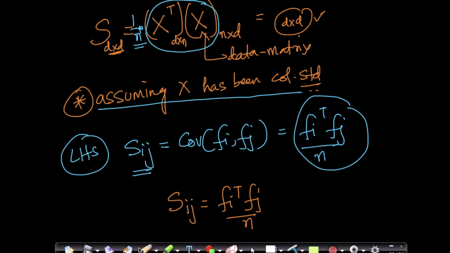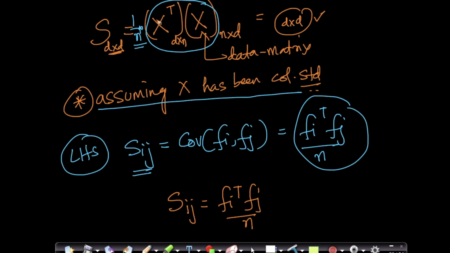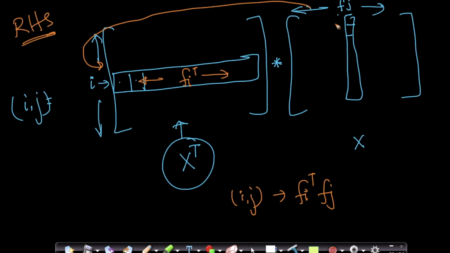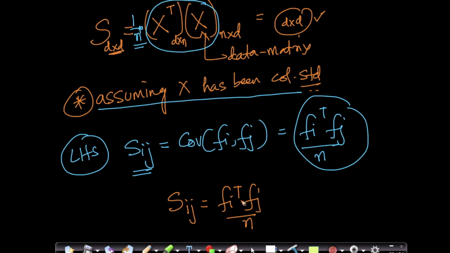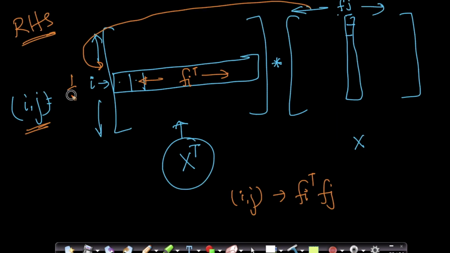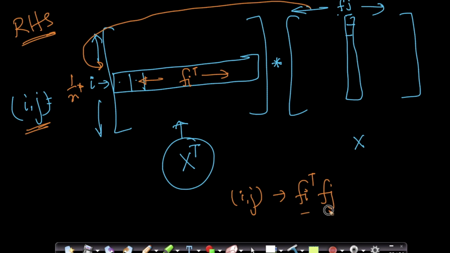On the RHS, we have X transpose X, and the ijth value of this product will be Fi transpose Fj. Since I said S is nothing but 1 by n into X transpose X, on my RHS also I have exactly the same thing.